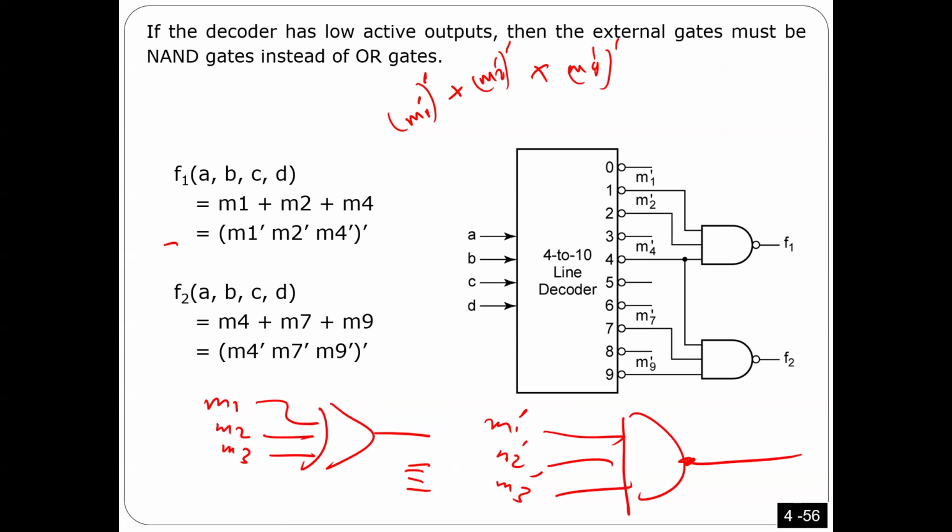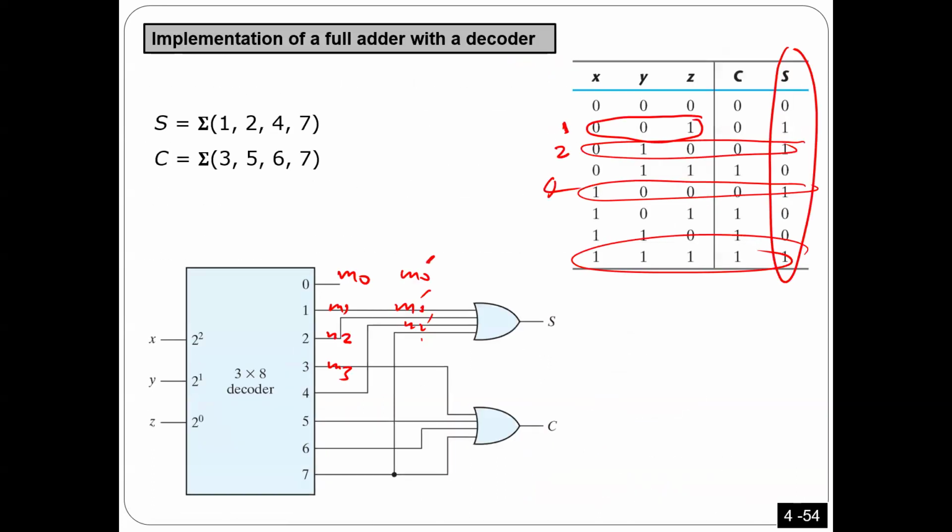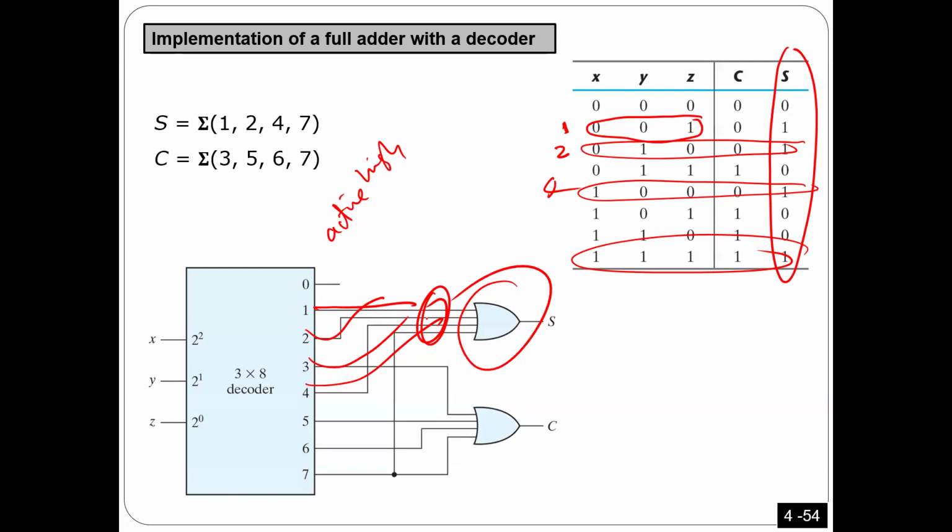Okay, number one. If you want to implement the function using a decoder, if your decoder is active high, you need to connect the minterms, the outputs here, to an OR gate.